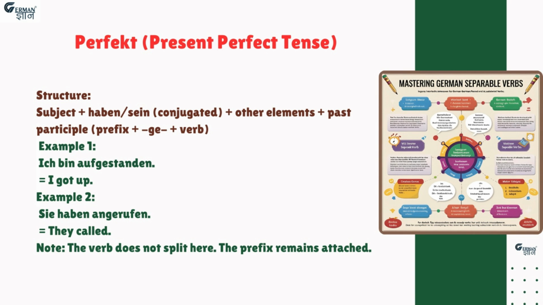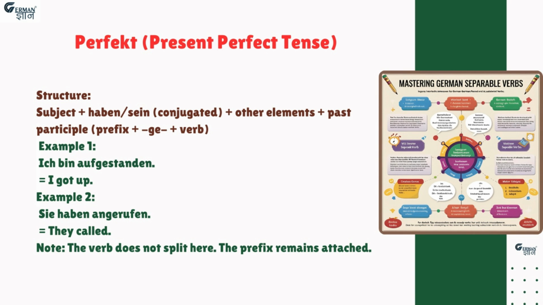Now to frame the past participle, first you write the prefix of the Trennbare Verb, then write ge in between or in the middle, and then you have to write the past participle of the main verb. For example, the verb is aufstehen and the past participle will be aufgestanden, where auf is the prefix, ge is the middle part which you always have to write, and standen is the past participle of stehen.